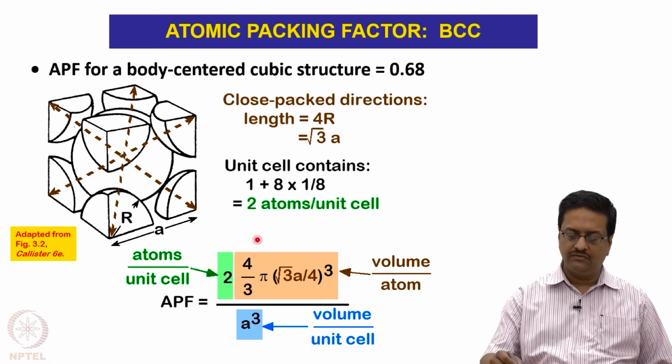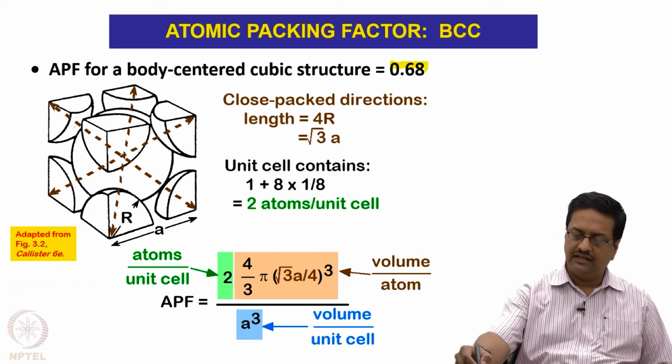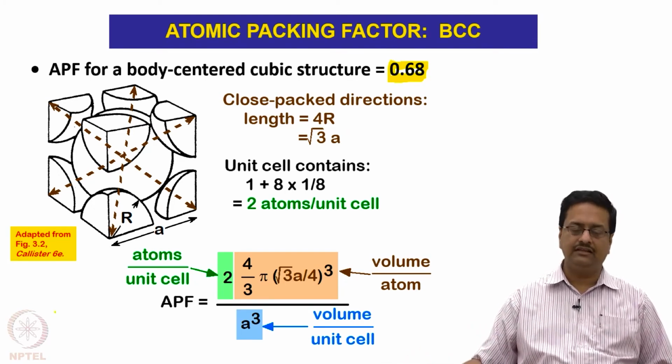So if you do this calculation, you will find that the result comes out to be 0.68. It means this is slightly more compact packing compared to the simple cubic lattice.